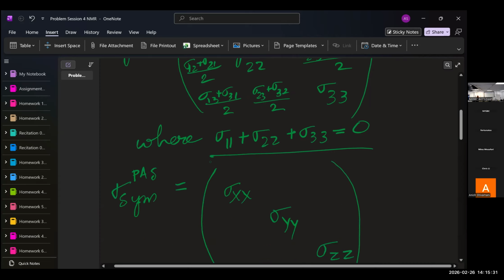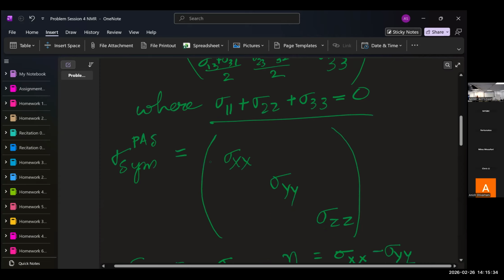Right. So when I diagonalize a tensor, the axis system in which the tensor becomes diagonal is the principal axis system. And in that principal axis system, you get zeros off the diagonal. And here I define x, y, and z as the principal components of the CSA tensor.